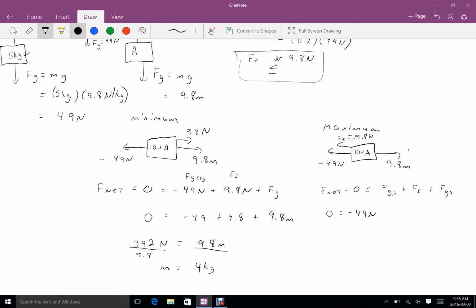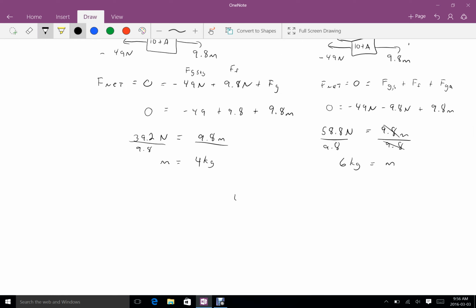The force of friction this time is negative 9.8 newtons. And this is 9.8 times my unknown mass. So adding those two and bringing them to the other side, I get 58.8 newtons is equal to 9.8 m. And if I divide both sides by 9.8, my maximum mass is going to work out to be 6 kilograms.